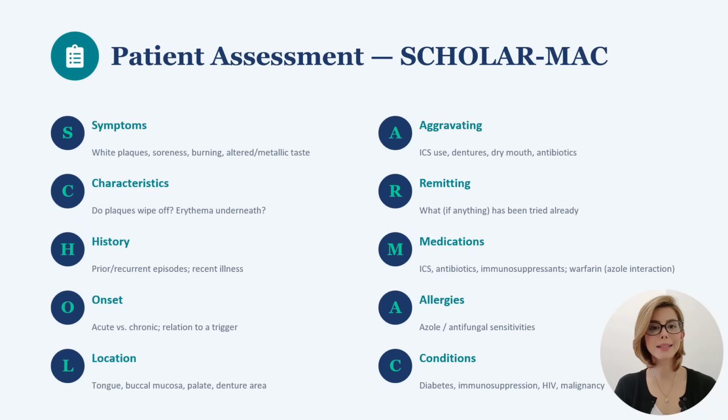How about onset? Sudden or simmering? And what came before it? Location: tongue, inner cheeks, palate, or under a denture. Aggravating factors: inhaled steroids, dentures, dry mouth, antibiotics. And remitting factors: what, if anything, they've already tried.